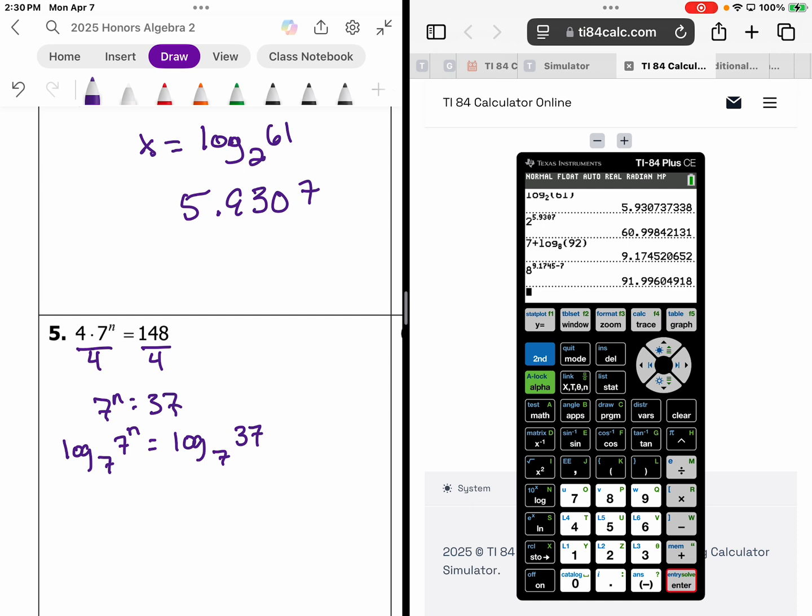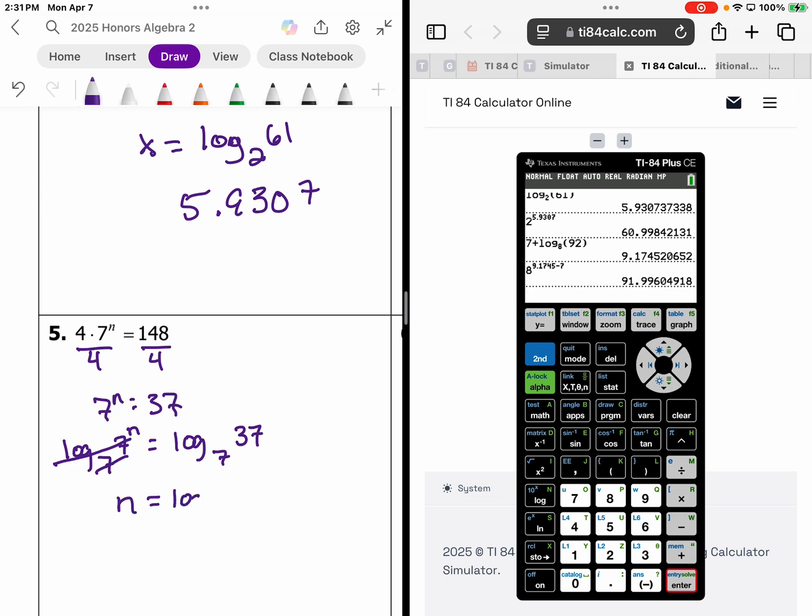Properties of equality: whatever you do to one side, you got to do exactly to the other side. So we divided both sides by 4. Since I want to get rid of the base 7, the quickest thing to do is log base 7 of the 7 to the n. That way the log base 7 cancels, and I'm just left with n.